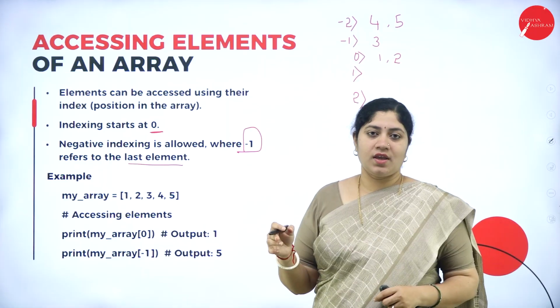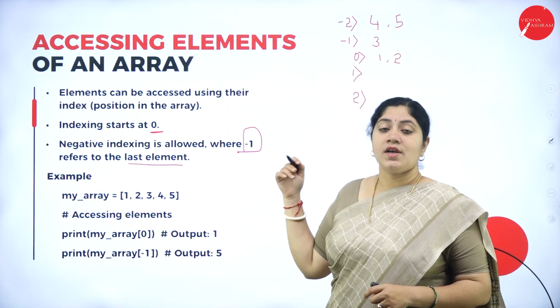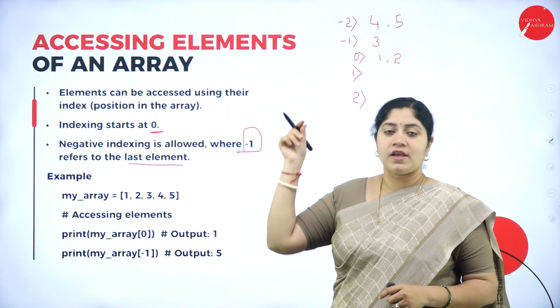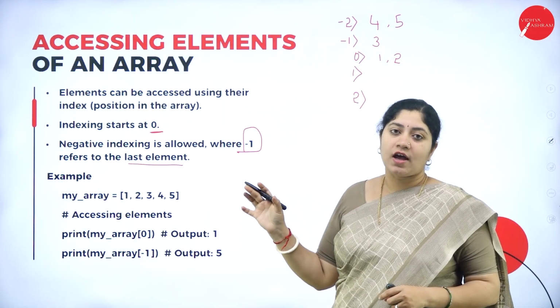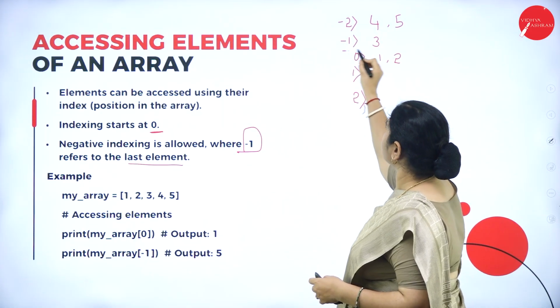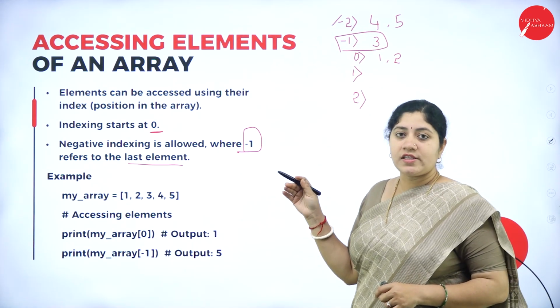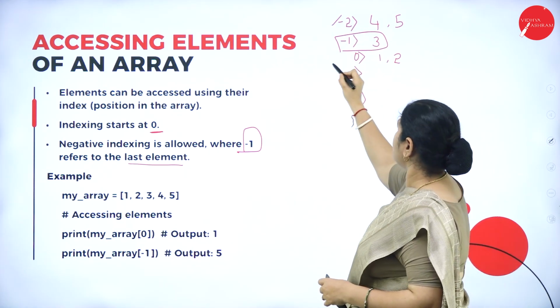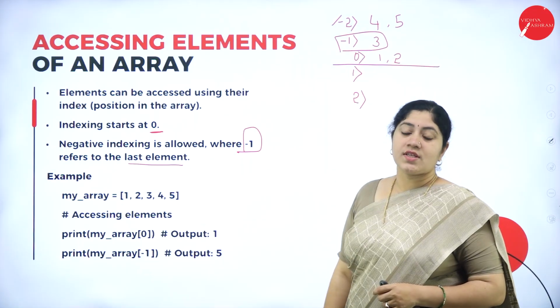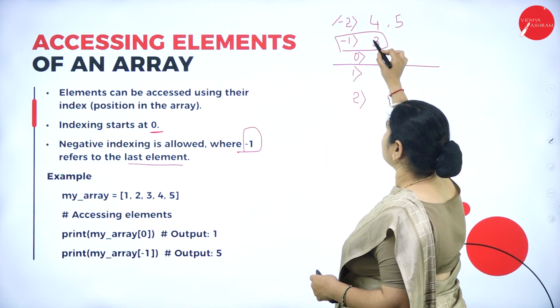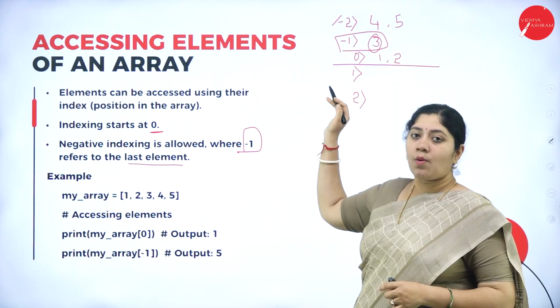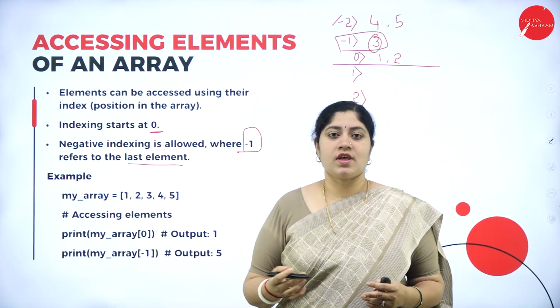The main thing to understand is that if I have to deal with my last element, then my last element will be minus 1, not this minus 2. So the last element under this example after 0 is none other than 3. This is how we can define negative indexing.